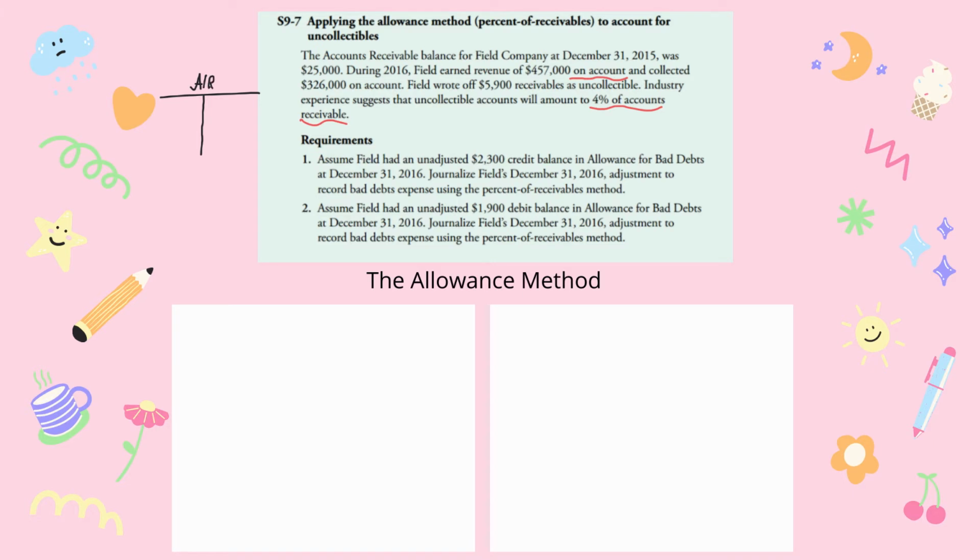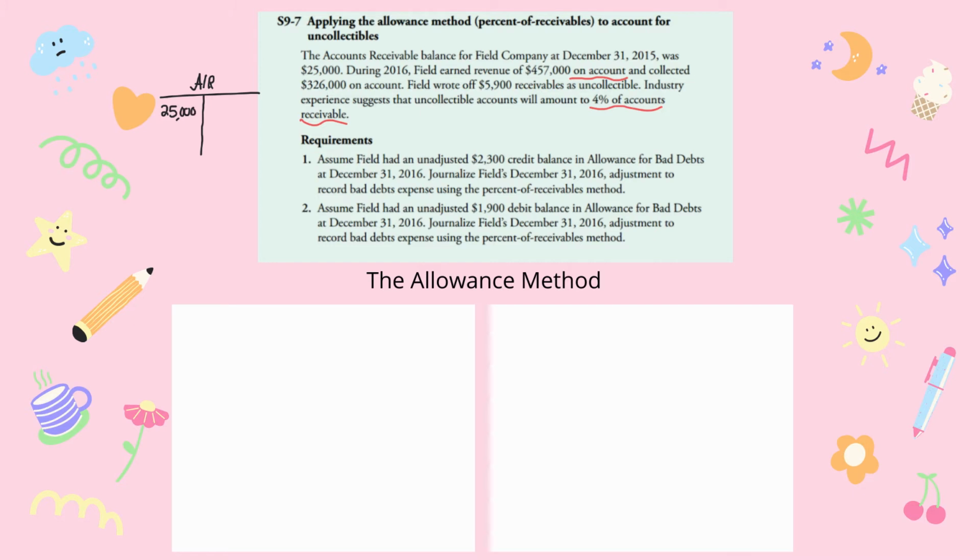Before we read the requirements, he's saying the accounts receivable balance for Field Company at December 31st, 2015 was 25,000. As you know, accounts receivable is an asset account, so it has a debit nature. So the normal balance is debit. So I'm gonna start with 25,000 on the debit side.